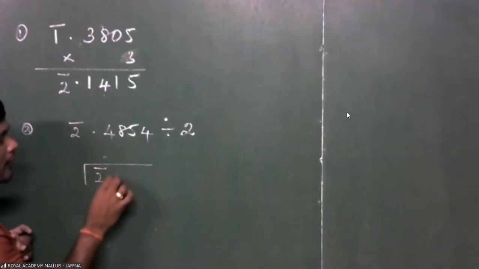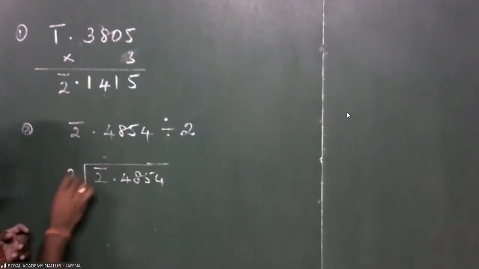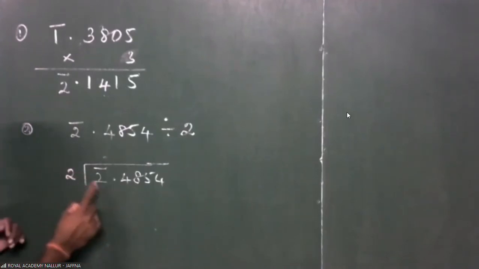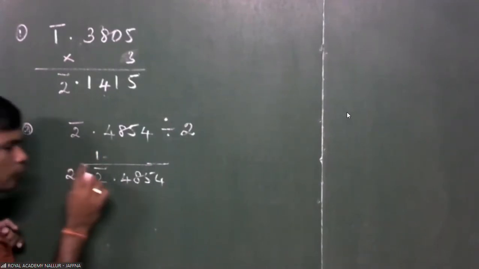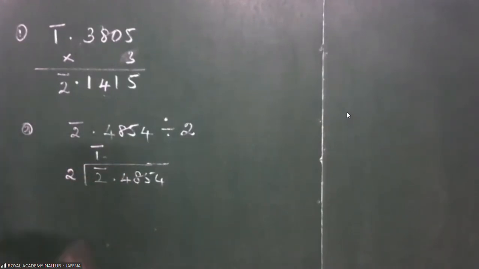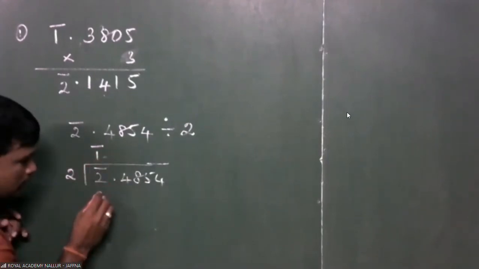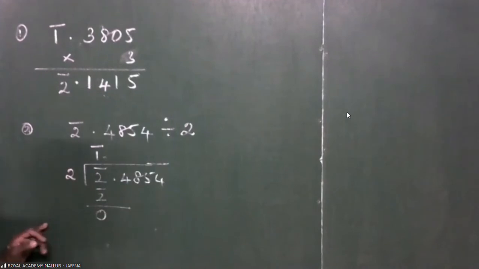Bar 2.4854 by 2, no doubt here. Out of bar 2, 2 is bar 1 times. That means 2 into 1 positive, but if you need bar 2, this should be bar 1 times. So 2 times bar 1 is bar 2. That is over.